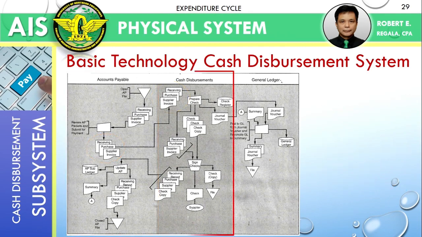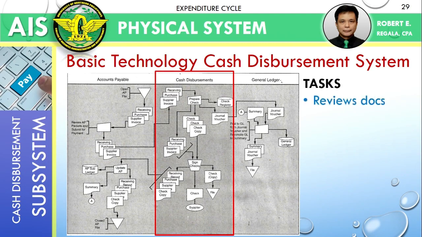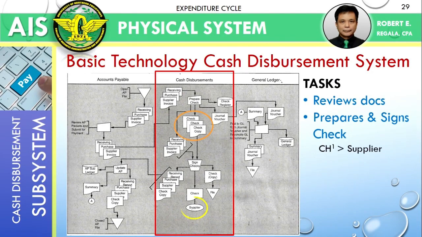Cash Disbursements Department. The Cash Disbursements clerk receives the AP packets and reviews the documents for completeness and clerical accuracy. For each disbursement, the clerk prepares a three-part check and records the check number, the peso amount, and other pertinent data in the check register.